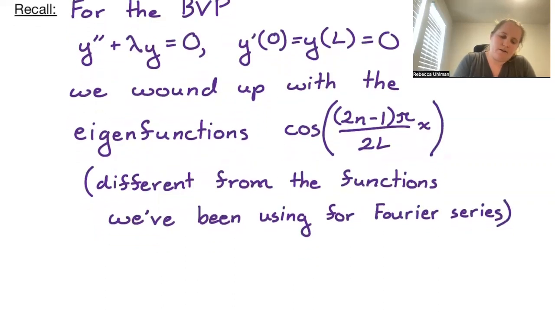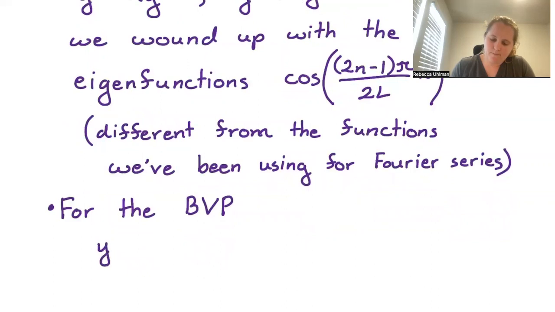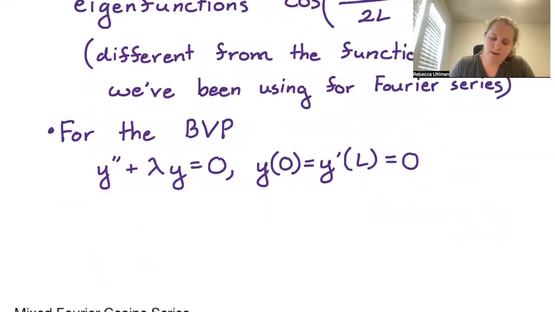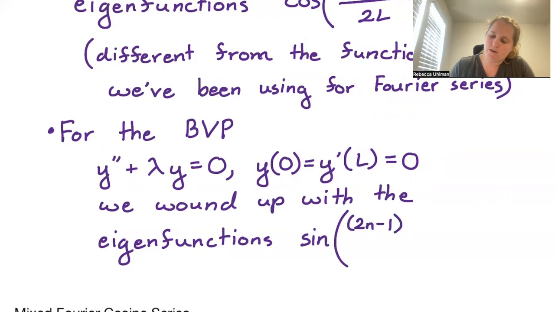And then we also had for the BVP y double prime plus lambda y equals 0, with boundary conditions y of 0 equals y prime of L equals 0, we had wound up with the eigenfunctions sine of (2n minus 1) pi over 2L x.